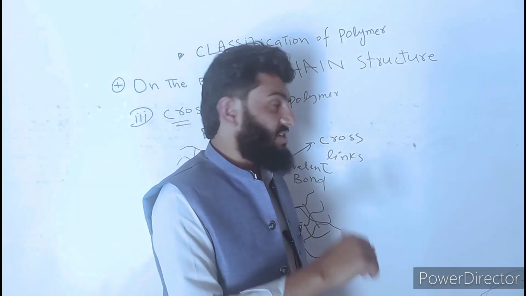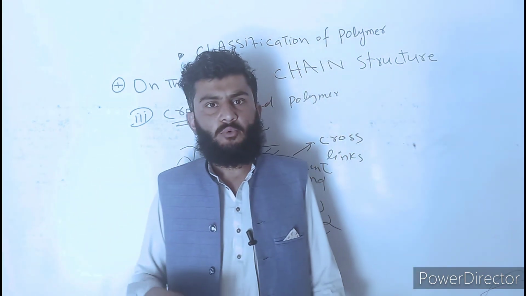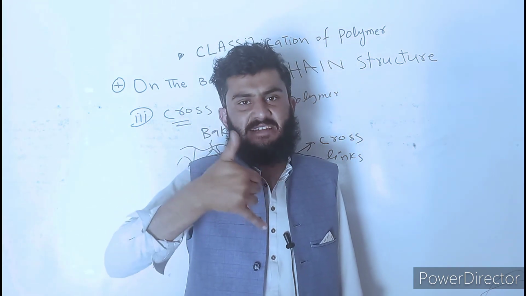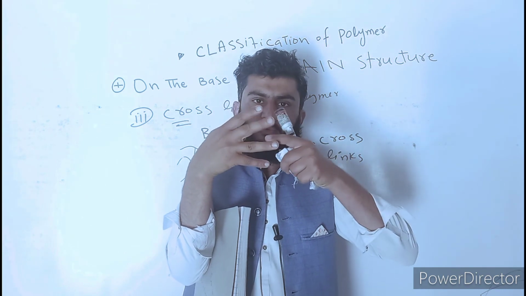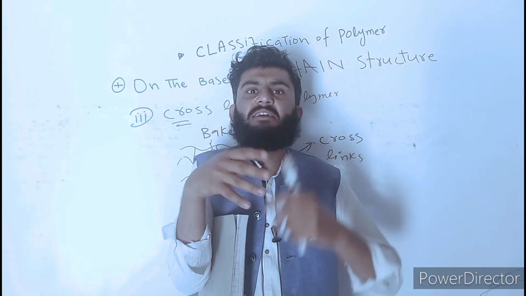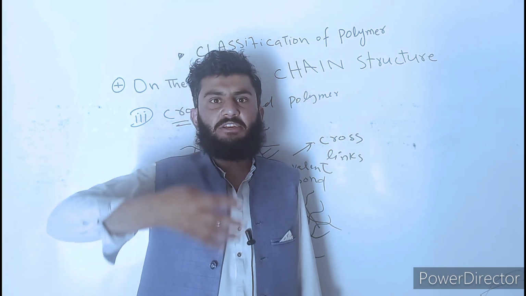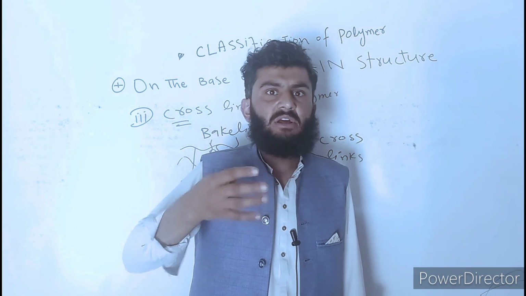The other one is the cross-linked polymer. Cross-linked polymer means the polymer chains form cross-links with each other, and this cross-link is actually a covalent bond. Due to this cross-linking, they become very tough, very hard. Clear.